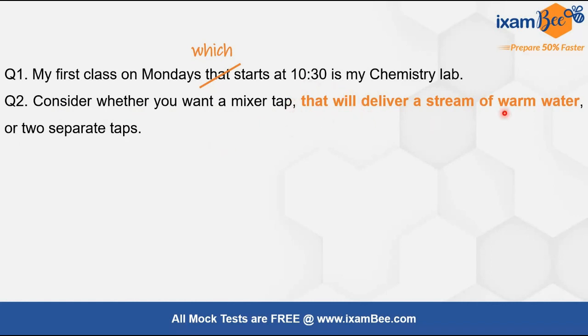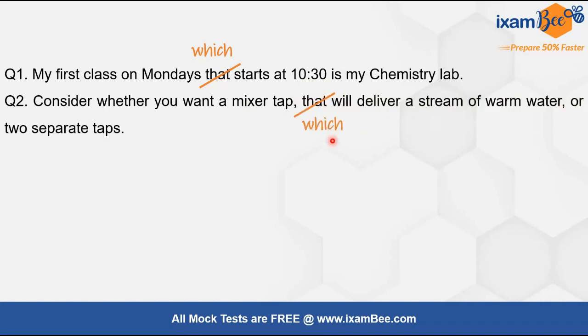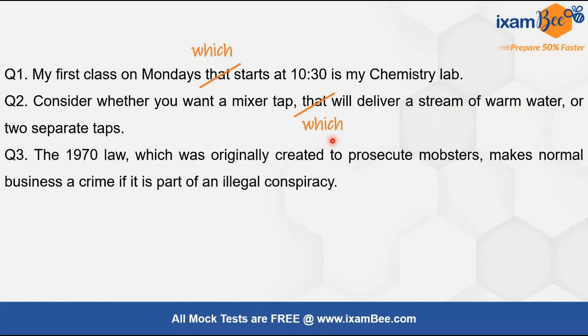So this is again only adding information to the existing sentence. So again that should not be used here. We'll use which. Now this is the third sentence. It says, the 1970 law, which was originally created to prosecute mobsters, makes normal business a crime if it is part of an illegal conspiracy.